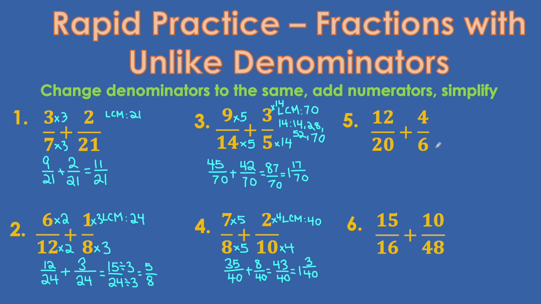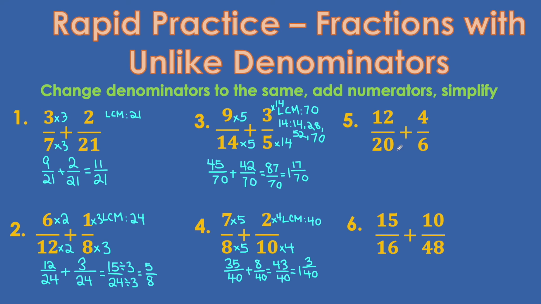Let's look at number 5. Number 5, we have 12/20 plus 4/6. We see the larger denominator is 20. Multiples of 20, the first multiple would be 20.